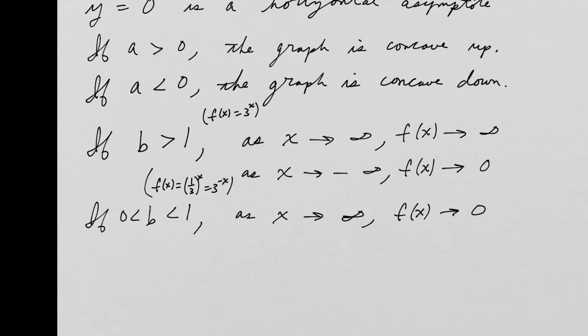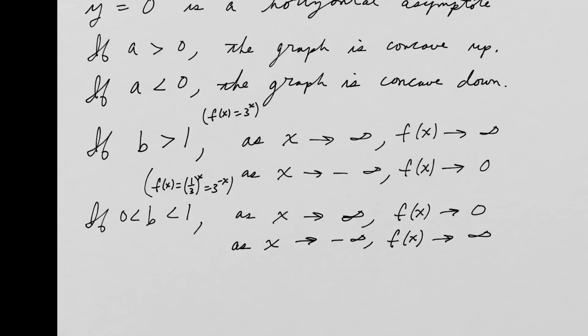It decayed. As x gets larger and larger, the function gets closer and closer to 0 from above. And as x goes to negative infinity, looking back at that graph, 3 to the minus x, the function blows up again. It gets larger and larger, so f of x goes to positive infinity.